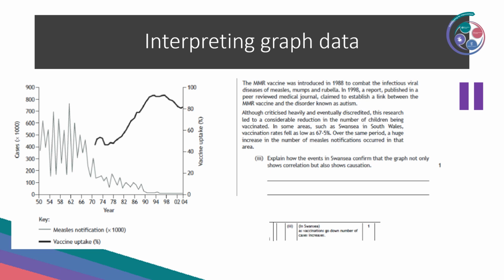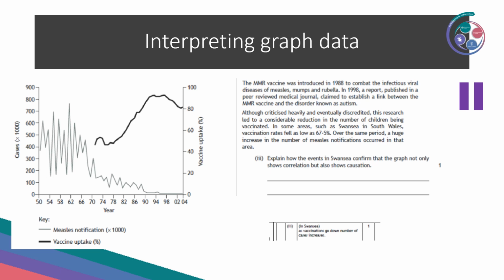So the question asked us to look at the graph and to show that the data shows not only correlation, so that there was a link between these two things, but also that there was a causation. So as the answer scheme says, linking it to the scenario that we've been given about Swansea, as vaccinations go down, the number of cases increases.